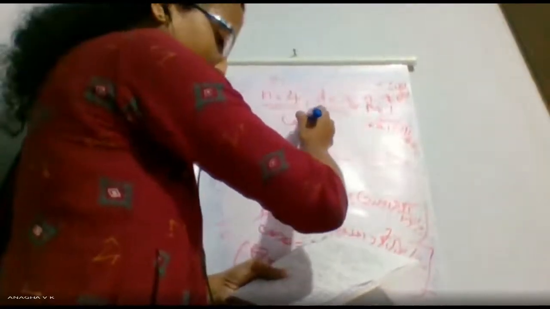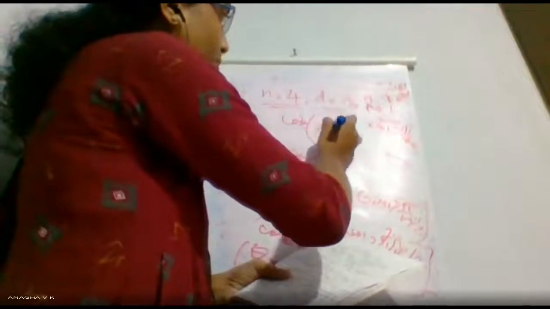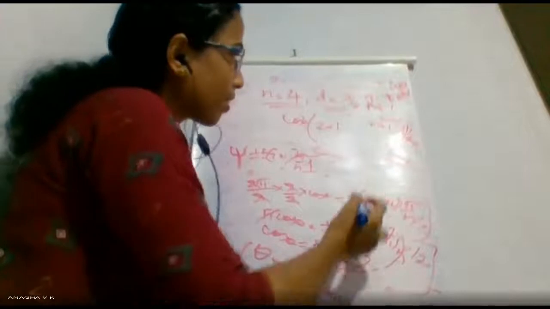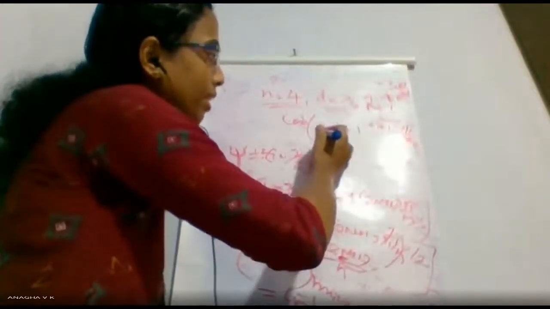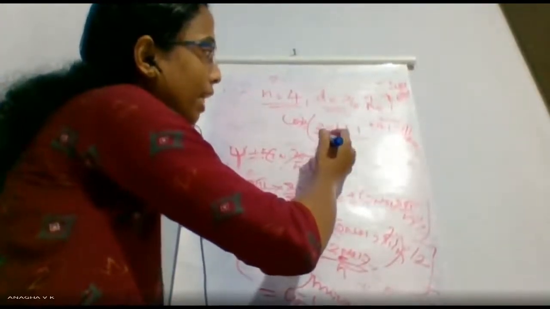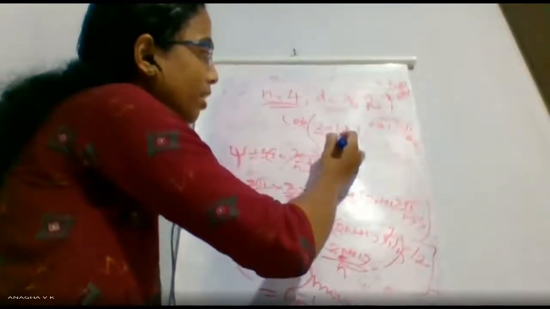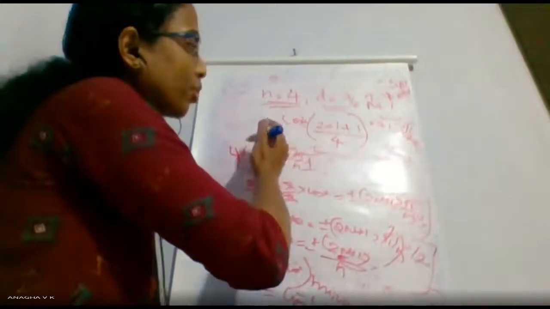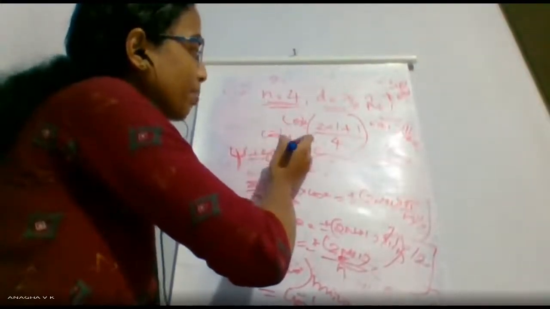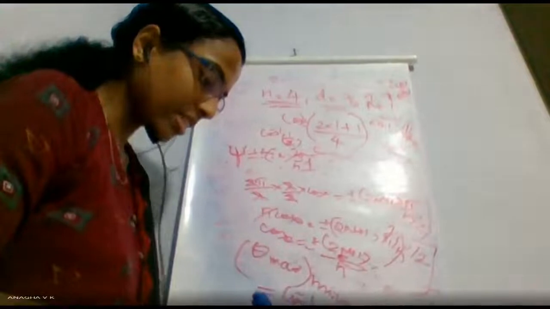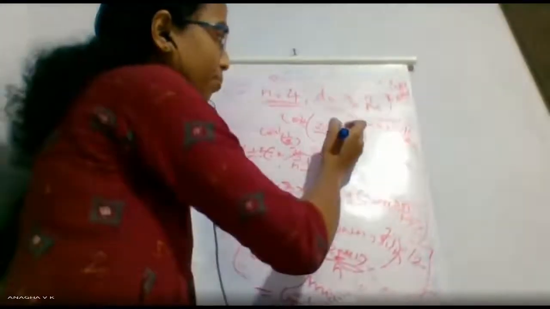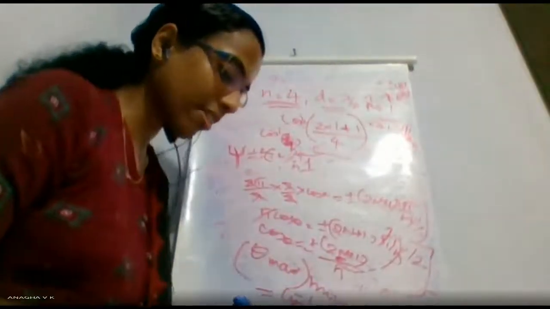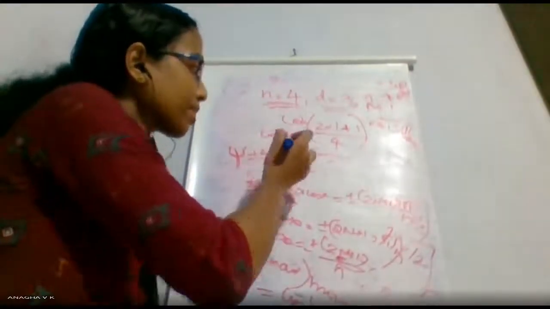So cos inverse of plus or minus (2 into 1 plus 1) by 4, that is cos inverse of plus or minus 3 by 4.